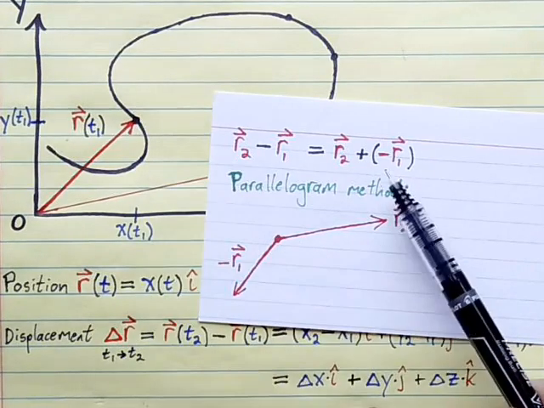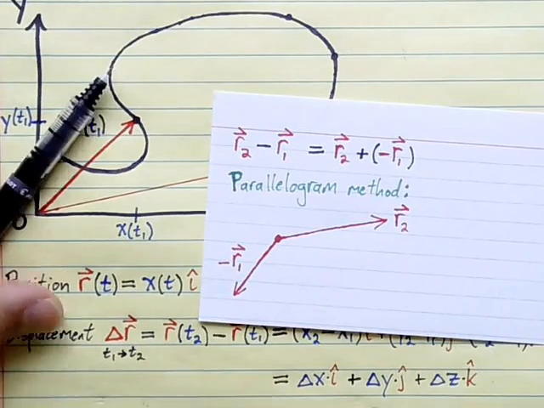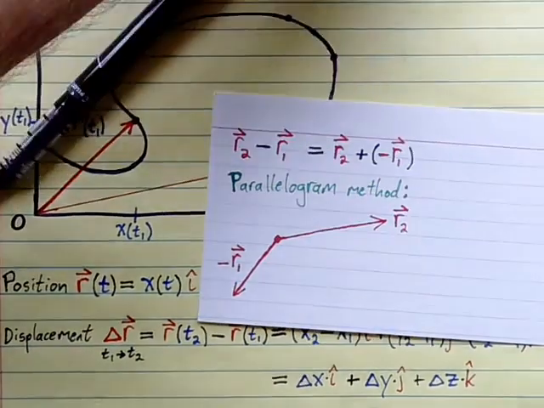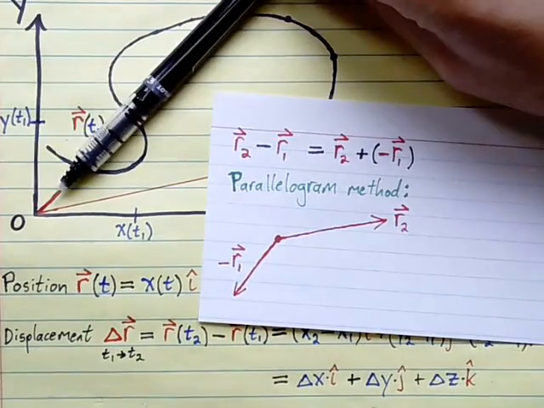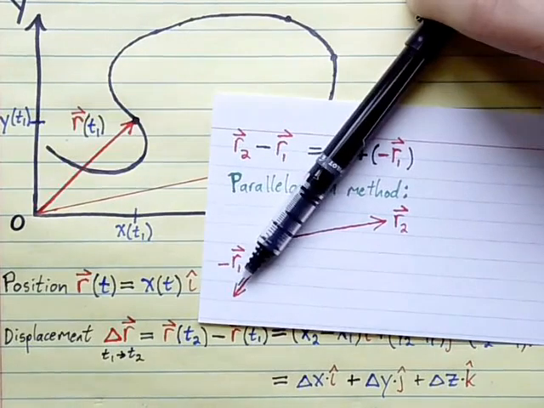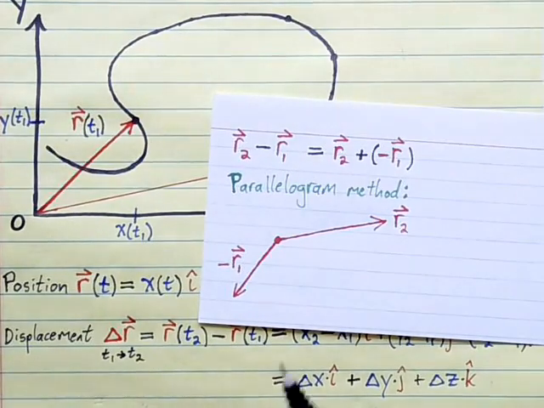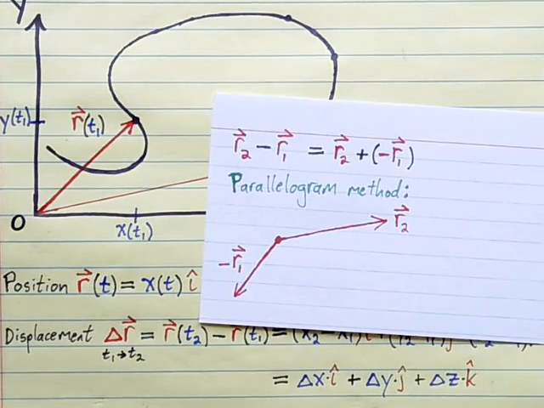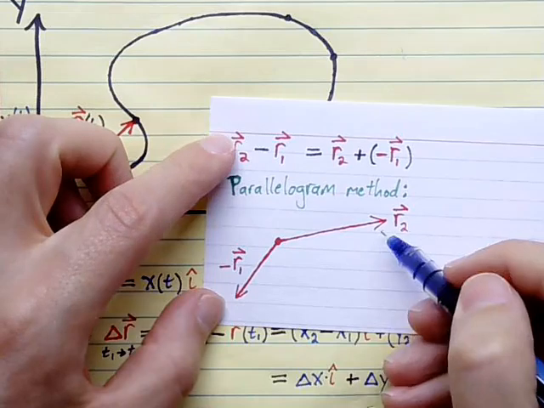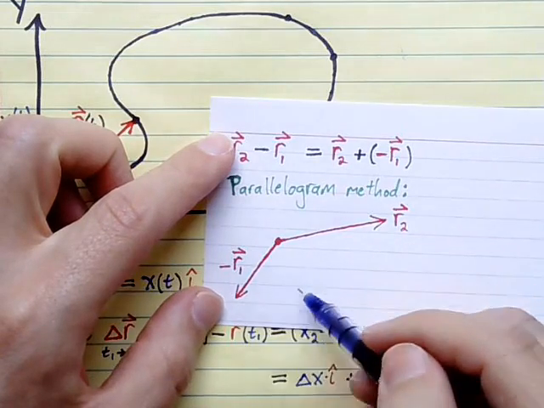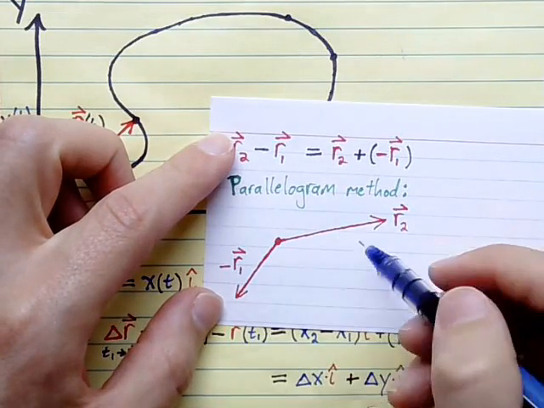So the opposite of R1 would be that vector flipped, reversed in direction. So this is the opposite of R1 there. So put them tail to tail like such, and then we'll need to complete the parallelogram that starts with these two sides.